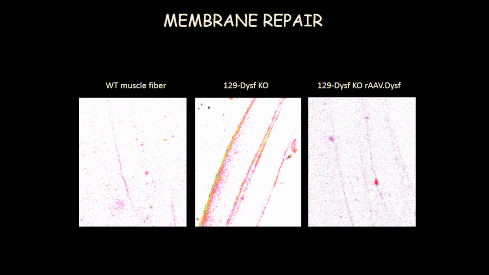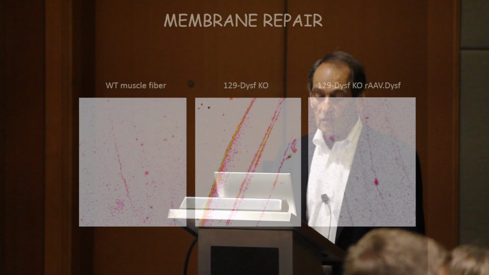And when we go ahead and replace the gene, what we see is a defect that is pretty much analogous to what we see in the control, in the normal muscle fiber. So we know this works, and that is a very gratifying process. So that's the story for how we're going to replace dysferlin.